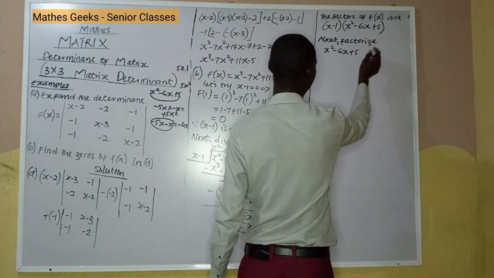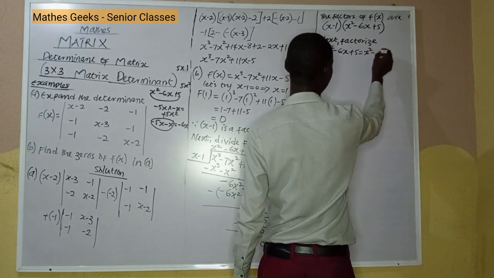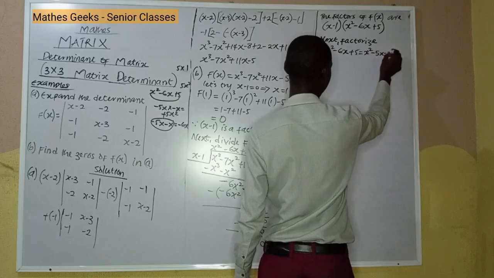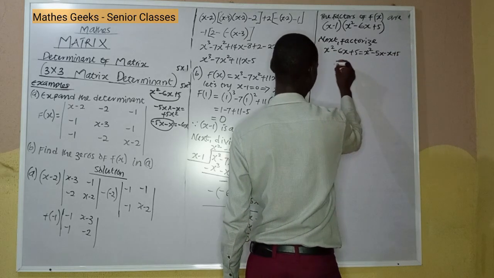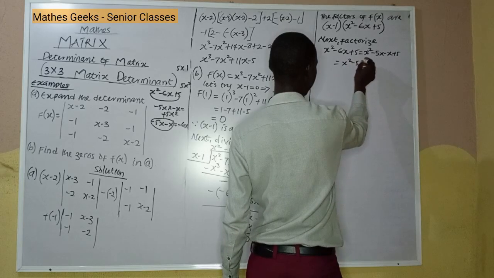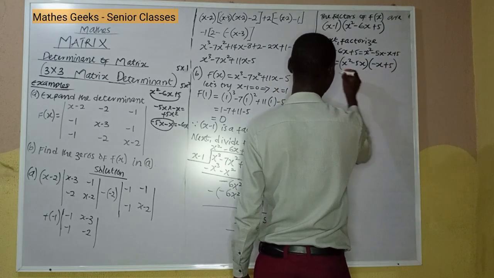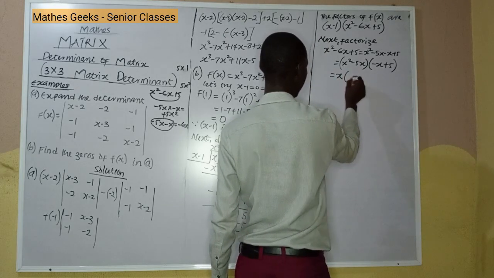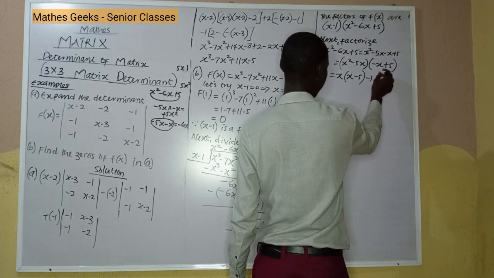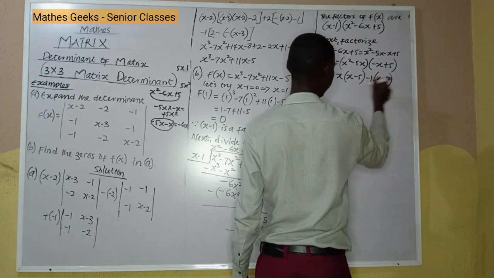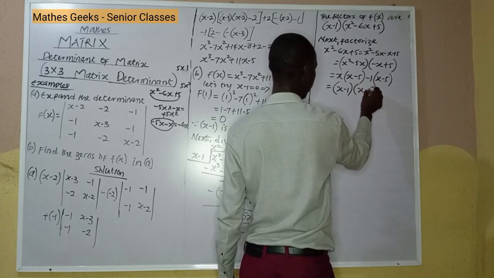This will give us x squared minus 5x minus x plus 5. So this is equal to x squared minus 5x and minus x plus 5. The x is common: x(x minus 5), and then minus 1(x minus 5).